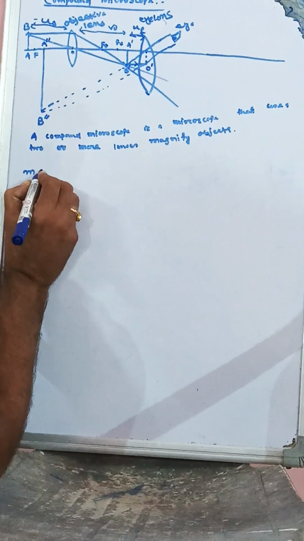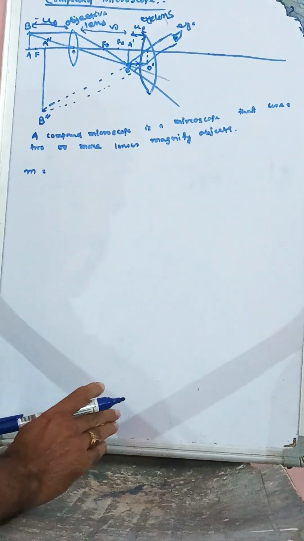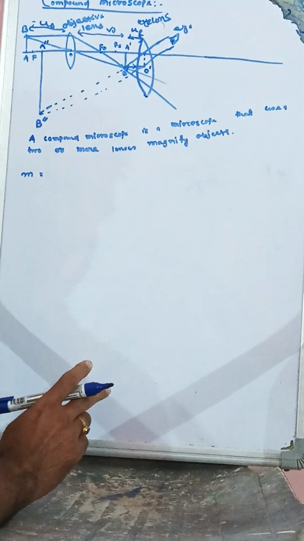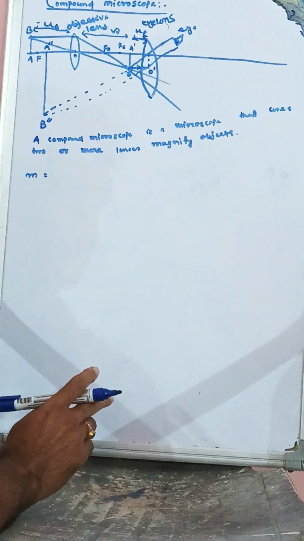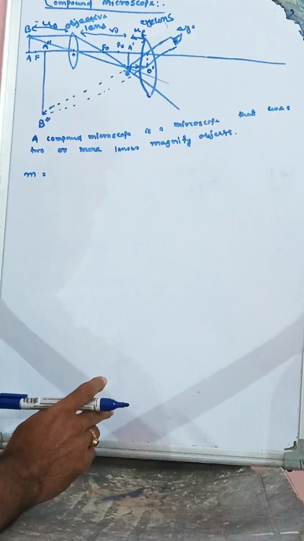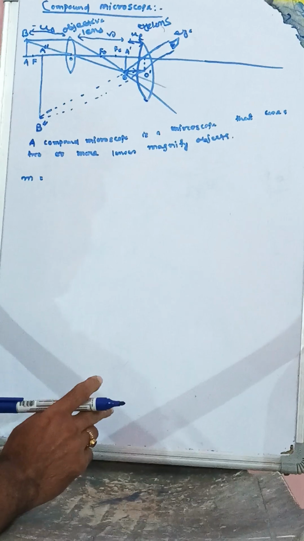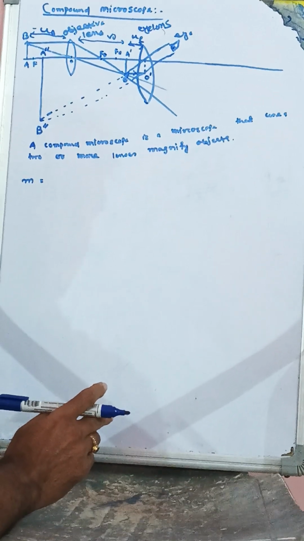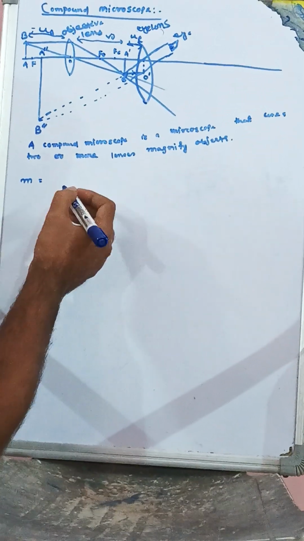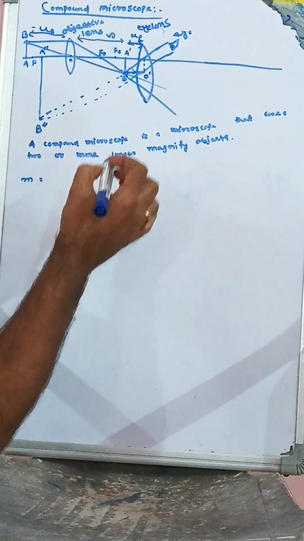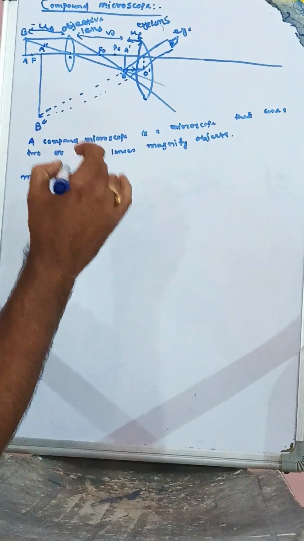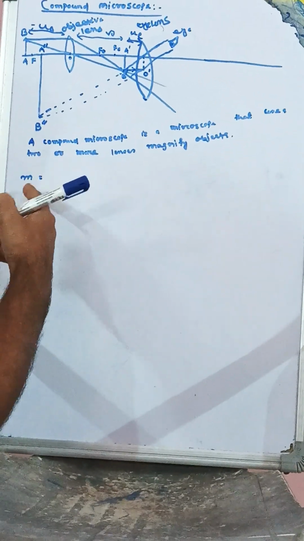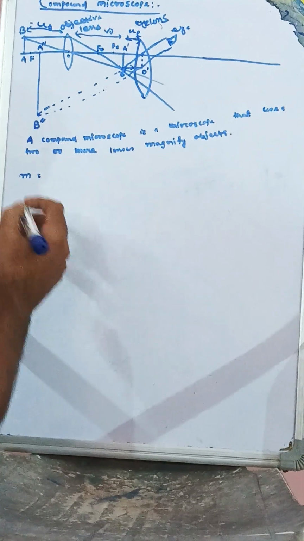Magnifying power M is equal to the ratio of the angle subtended by the virtual image to the angle subtended by the object. That is called magnifying power.